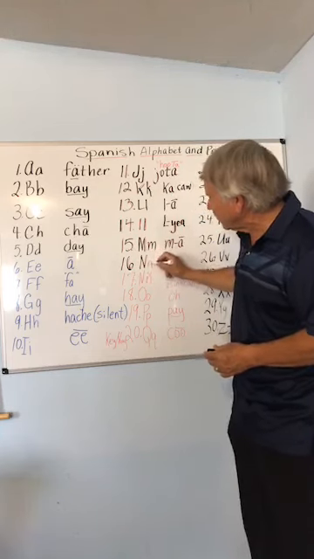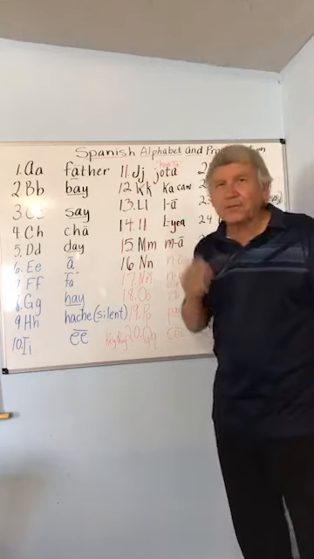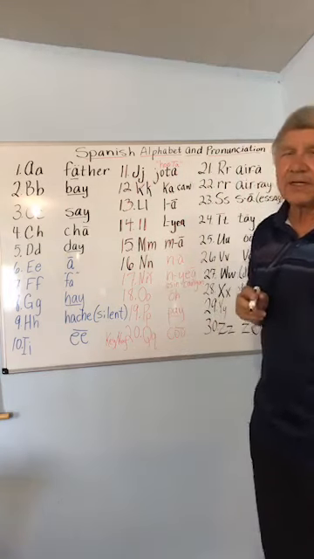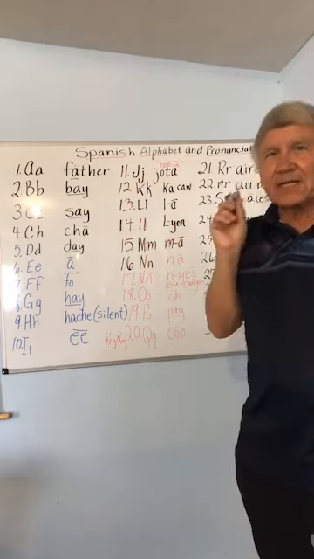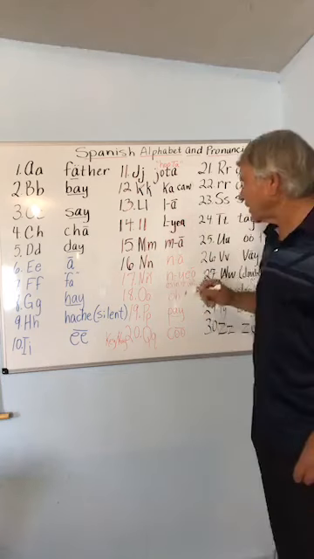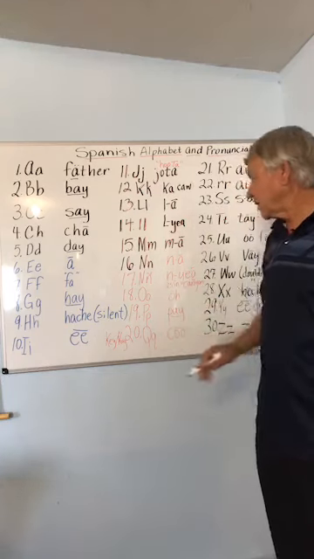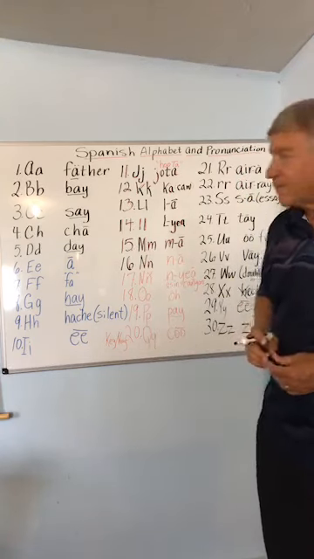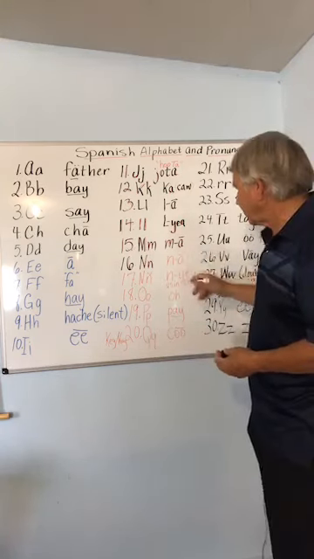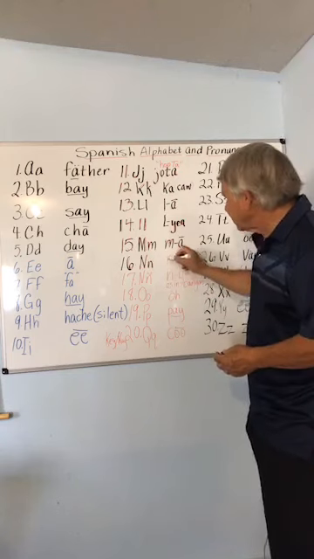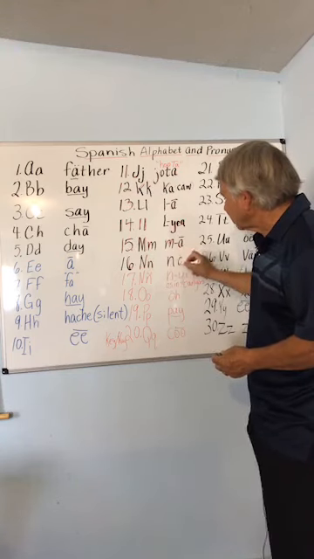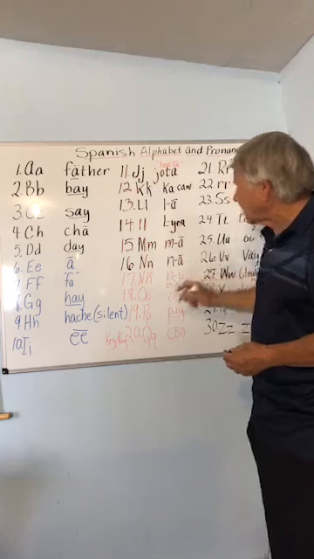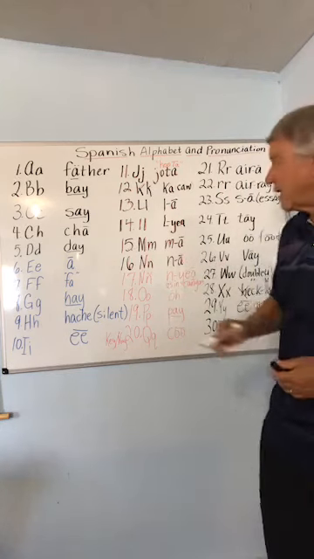Now when you get to 16, and we'll be learning this when we get the numbers, 16 is just 10 and 6, and the rest, up to 19, will be that way. You'll say 10 and then the number. So N-A. That's how you say it in Spanish.